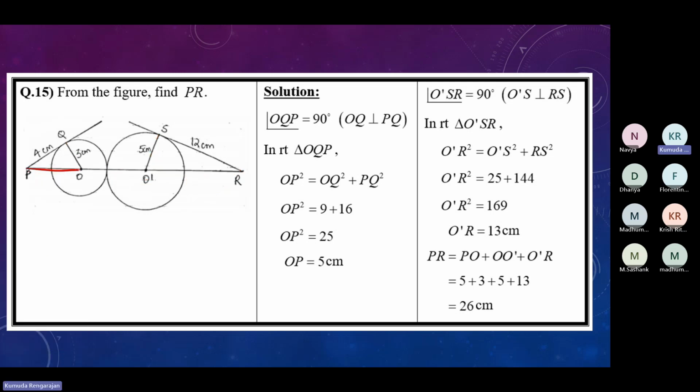PR is equal to PO, which is 5, plus OA, which is 3, plus AO dash, which is 5, plus O dash R, which is 13. Okay, next one.